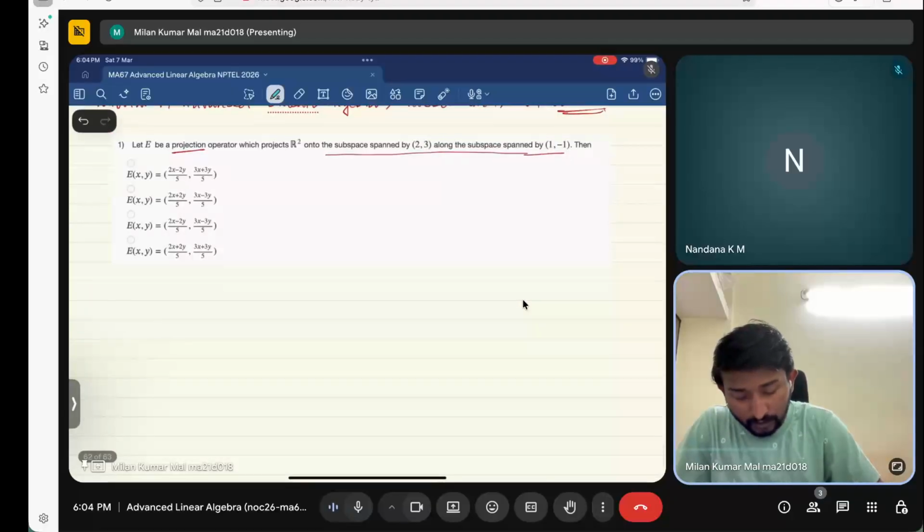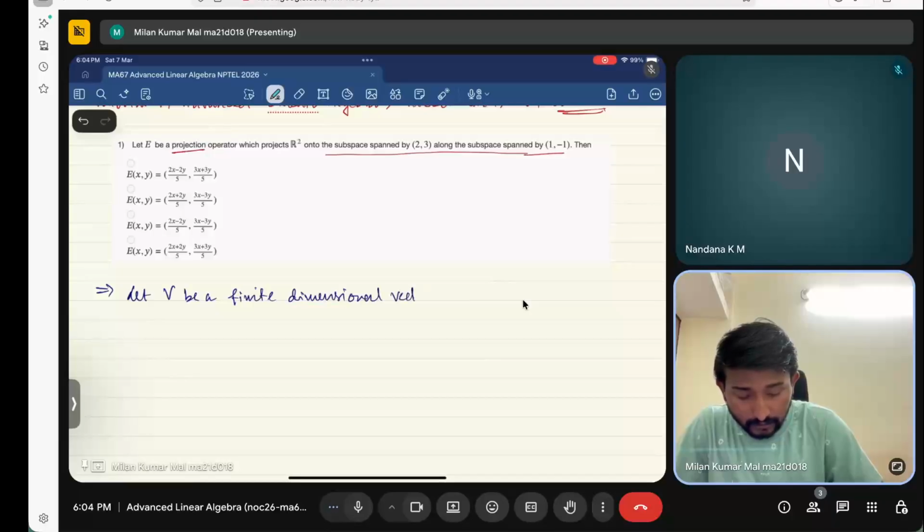So what is meant by projection? Let V be a finite dimensional vector space.